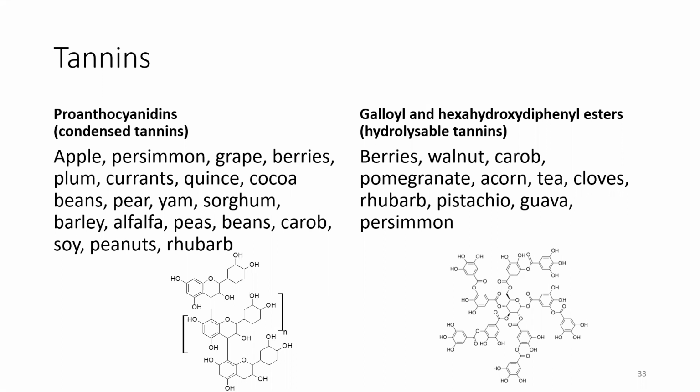There's two types of tannins. We have the proanthocyanidins, which we just talked about, and another name for those would be condensed tannins. Actually, the condensed tannins would be proanthocyanidins that are polymerized.